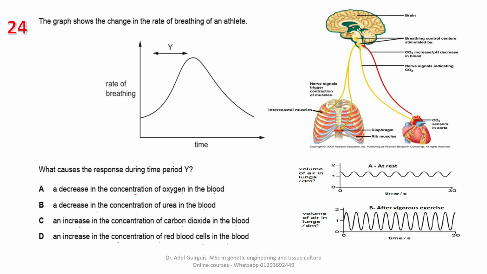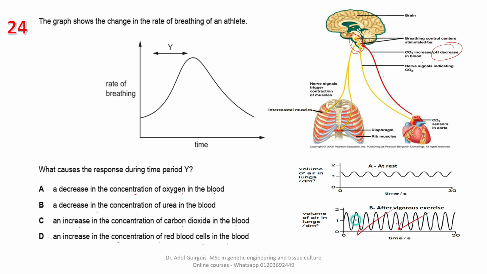Sensors in aorta and also sensors send this message to breathing control centers in brain medulla. These receptors receive signal referring to drop of pH, so it sends impulses to muscles of diaphragm and the intercostal muscles, triggering them to more contraction and relaxation for more breathing rate, like in this figure.